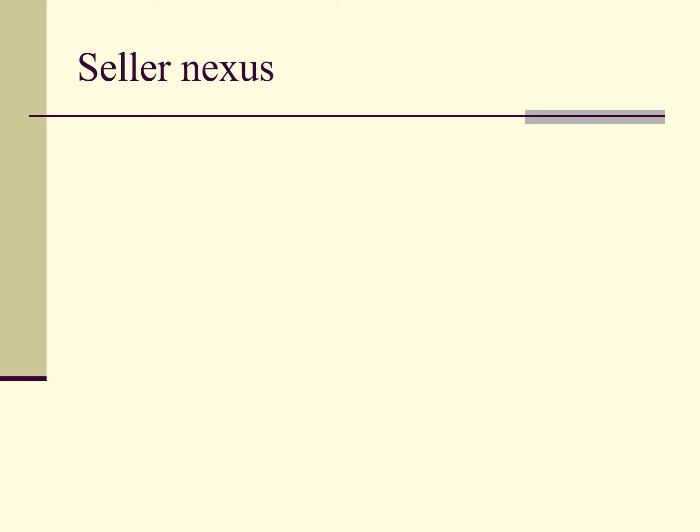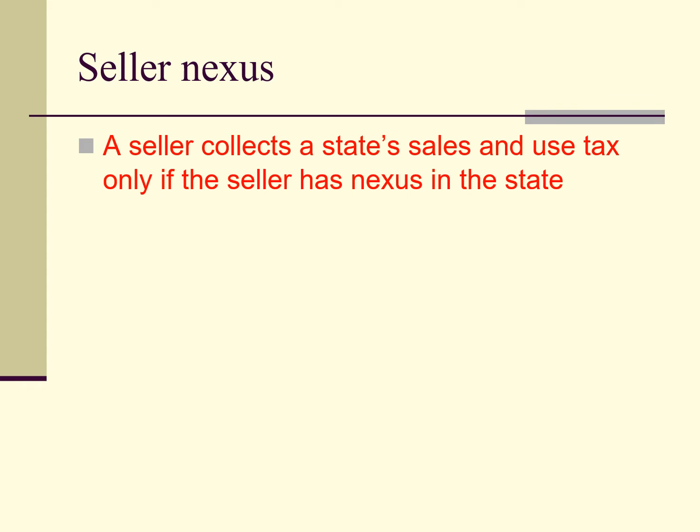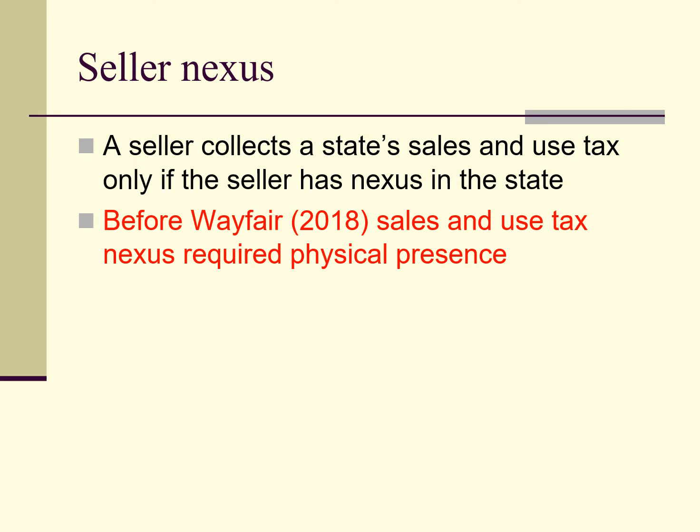Let's now turn to the subject of seller nexus. In general, a seller is required to collect a state's sales and use tax in a state only if the seller has nexus in the state. The rules for seller nexus changed dramatically in 2018 with the Wayfair case.